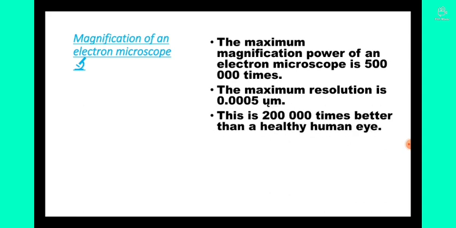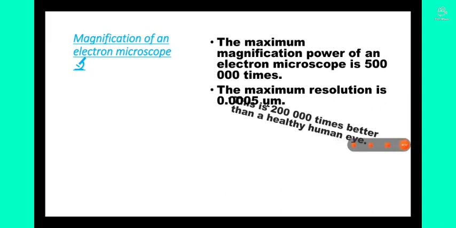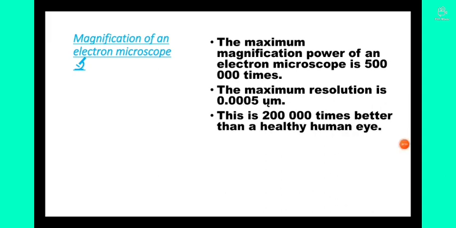Okay, the maximum resolution is 0.0005 micrometers. What is called micrometers? Micrometers are the things that come before the millimeters.